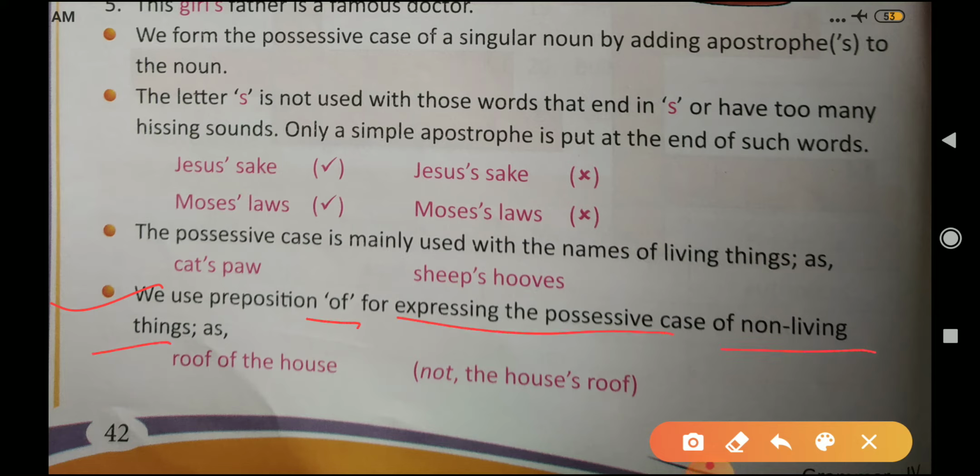Means if we want to show possession for non-living things, we don't use apostrophe s. We use the preposition of. Example, roof of the house, not house's roof. We write it as roof of the house.